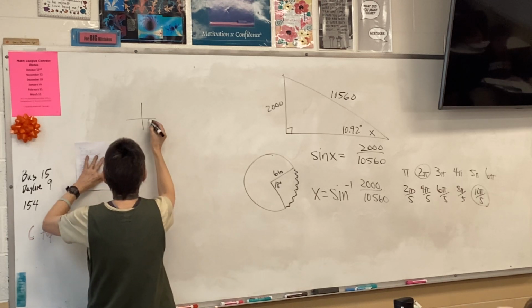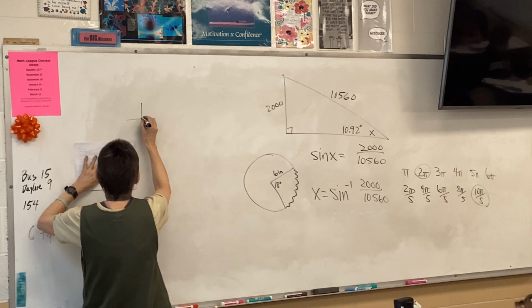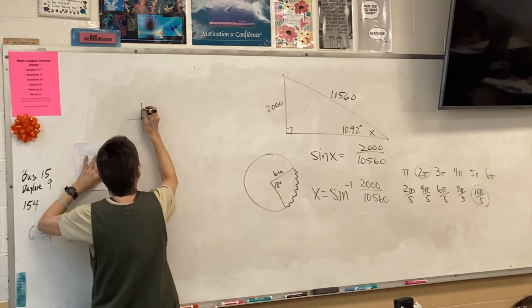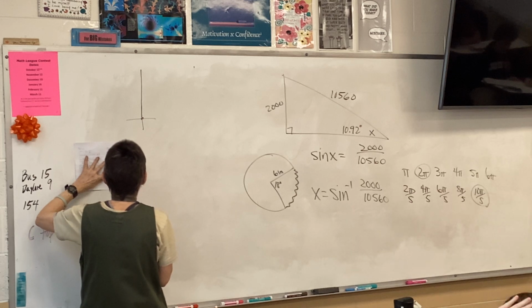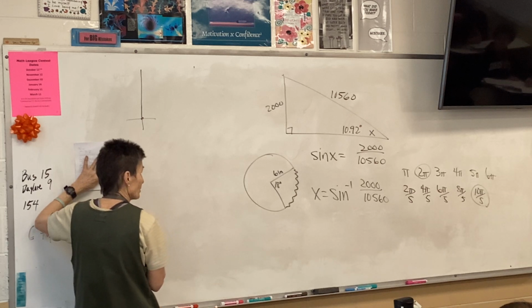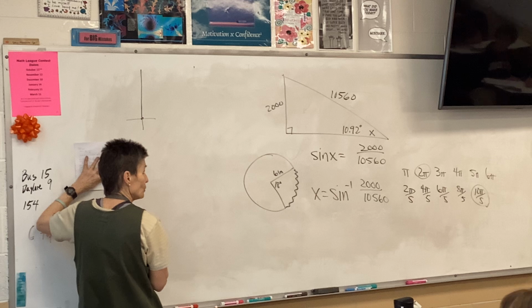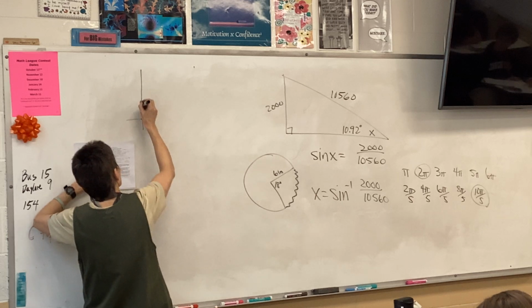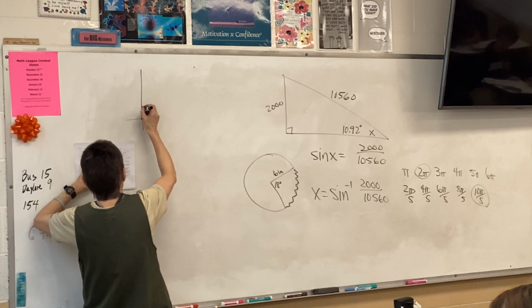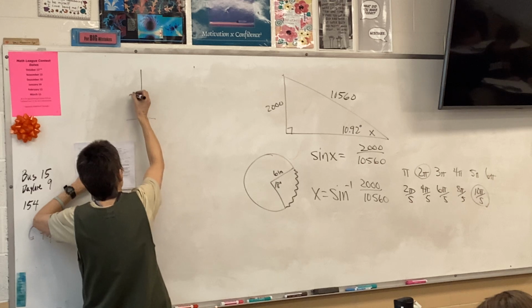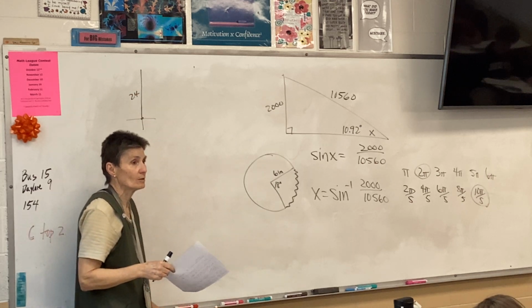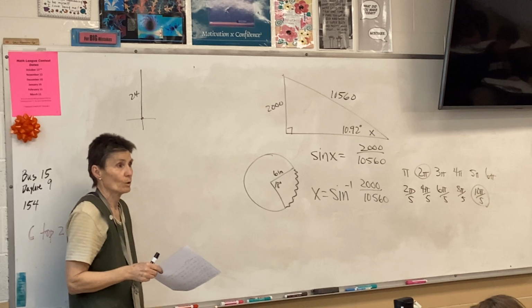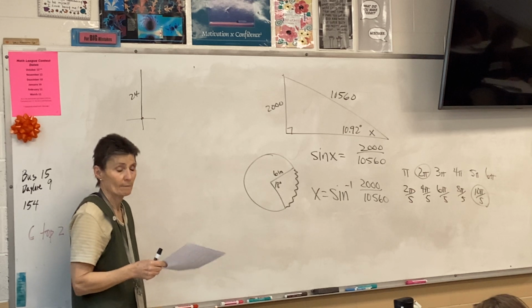Here's port, and the ship is going due north at a speed of 12 nautical miles per hour for 2 hours. So how far is that? 24. He's going 12 miles an hour for 2 hours.